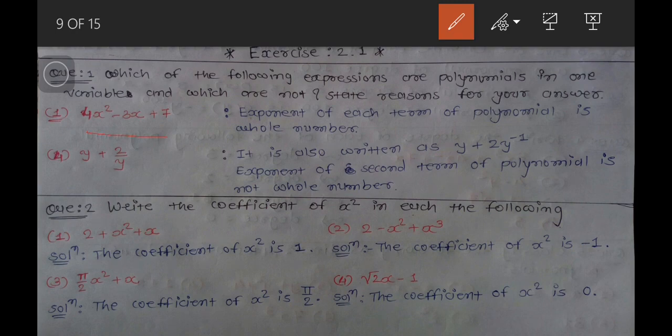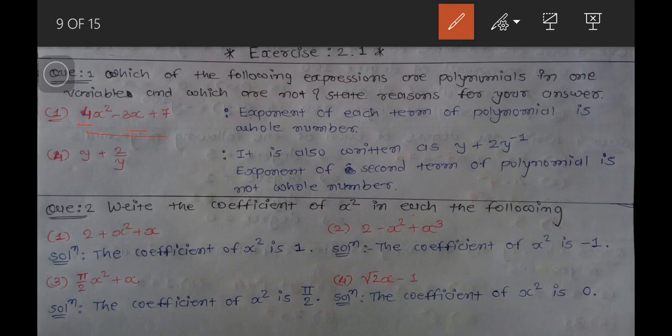Now we have to say whether the given example is polynomial or not, and state the reason. Here you can see that the exponent of each term is a whole number.